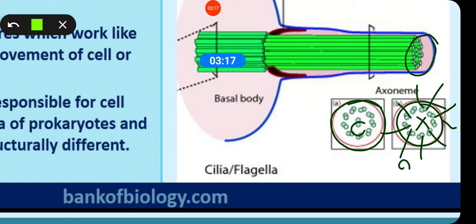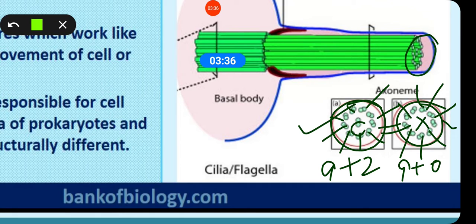So it is a 9 plus 0 arrangement. Okay, then this 1 2 3 4 5 6 7 8 9, and inside it has 2, so it is a 9 plus 2 arrangement that we are going to study. So this is the structure of the flagella. You can see in the center also it has two circles.